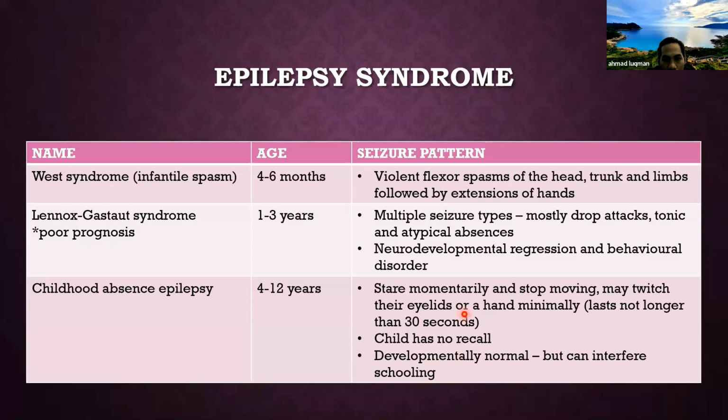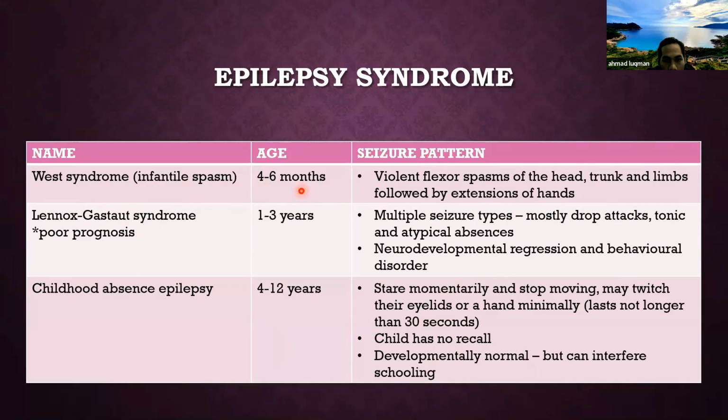So we come to the last part of my presentation. These are some of the epilepsy syndromes which I've arranged according to age group. The first one is West syndrome, also known as infantile spasm. It usually happens in babies around the age of 4 to 6 months.